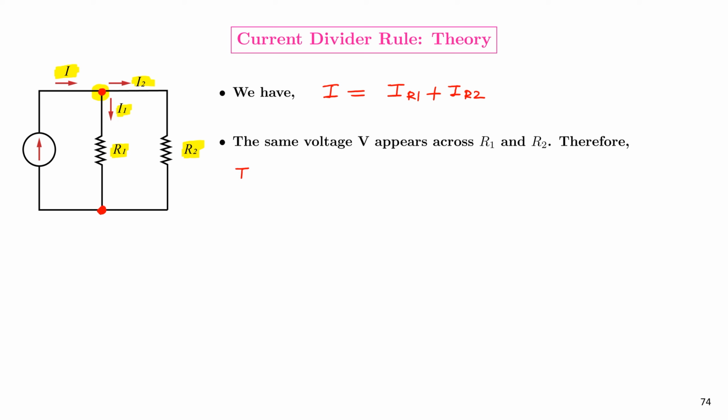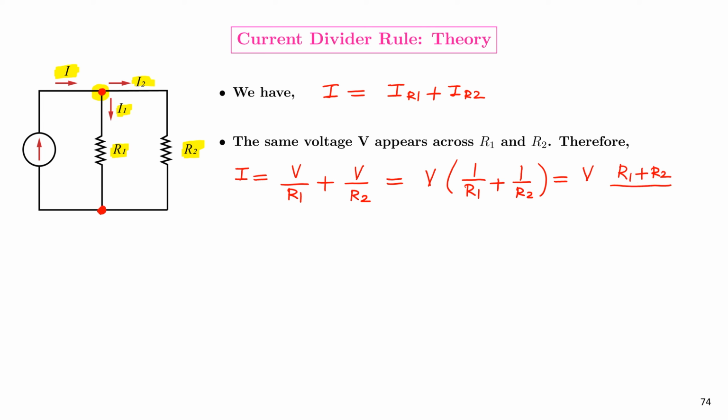Therefore, we can write I as equal to V divided by R1 plus V divided by R2. This is V multiplied by 1 by R1 plus 1 by R2, and that is equal to V multiplied by R1 plus R2 divided by R1 multiplied by R2.